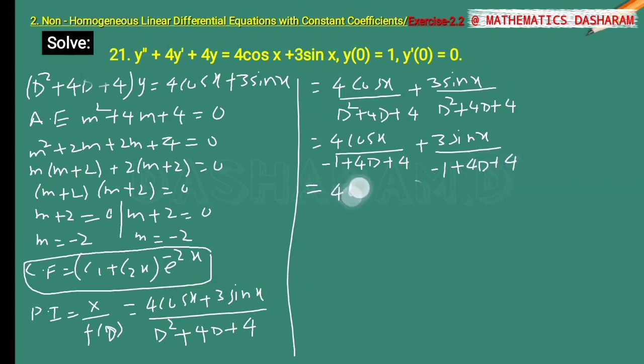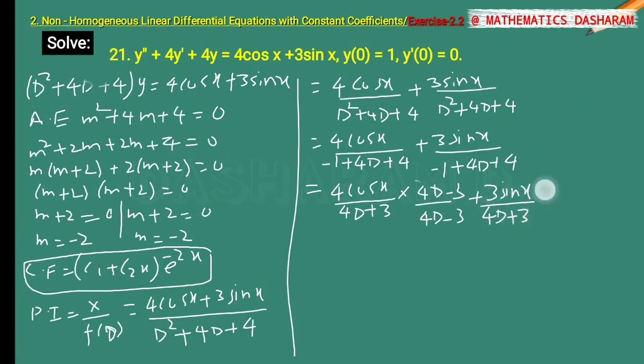So 4 cos x by 4D plus 3, multiply and divide with 4D minus 3. 3 into sin x divided by, here also the same 4D plus 3, then multiply and divide with 4D minus 3.